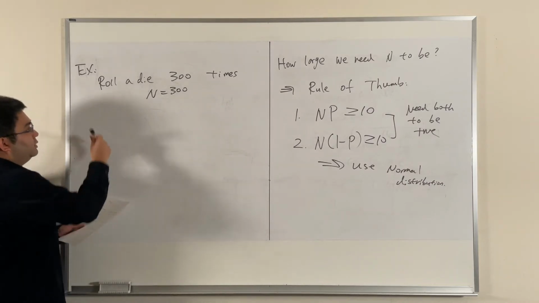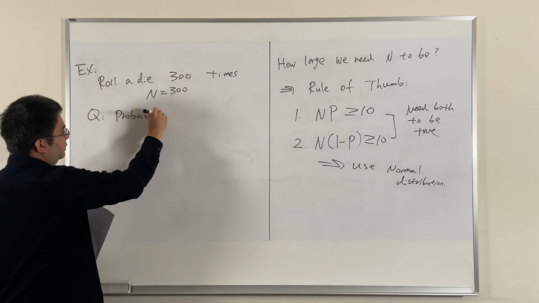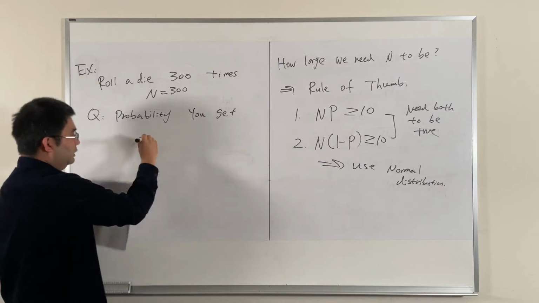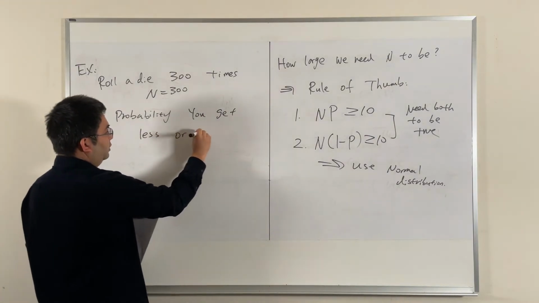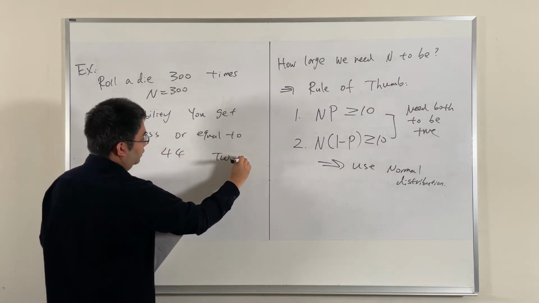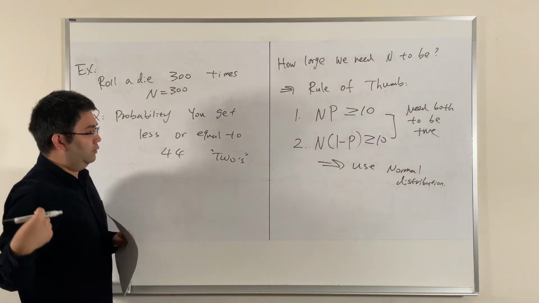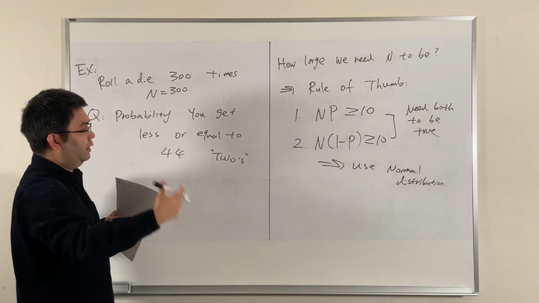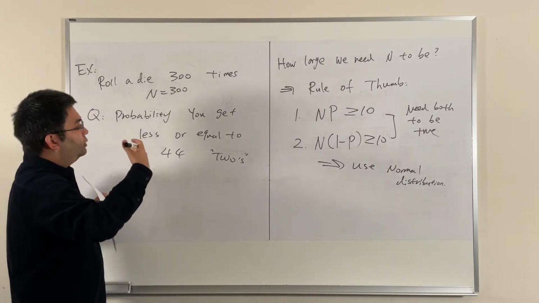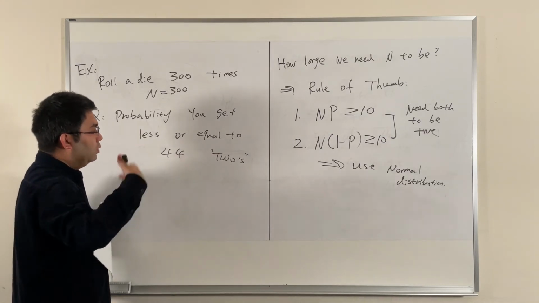And then the question is, what is the probability you get less than or equal to 44 twos? So you get a 2 and you record it. If you get, say, 1, 3, 4, 5, 6, you don't record them. So what's the probability that you get 44 twos or less, right? 0, 1, 2, 3, all the way to 44 twos.